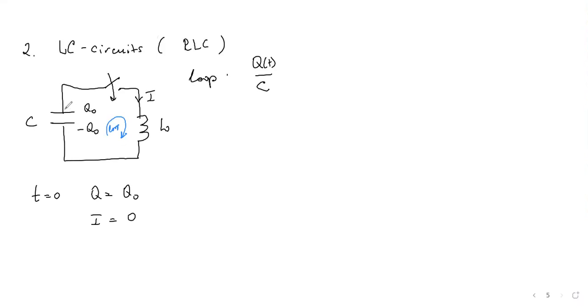Then because of this you have current going this way, and my direction of the loop and direction of the current is the same. So I have to write something like this. And it should be 0 because I don't have anything else in the circuit.